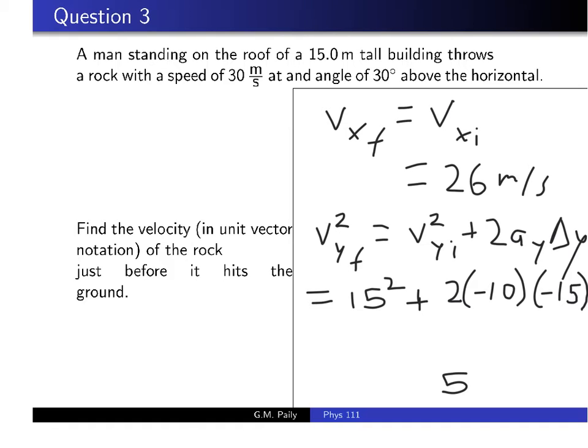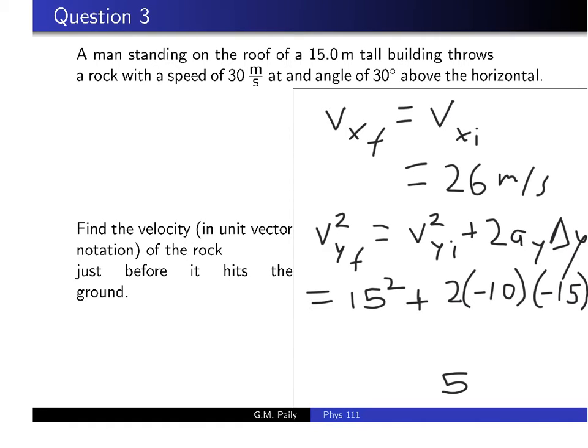We know that there are two possible roots to this equation, but we know that when it hits the ground, the rock will be traveling downward and to the right. So the y component must be negative. So we will take the negative square root.